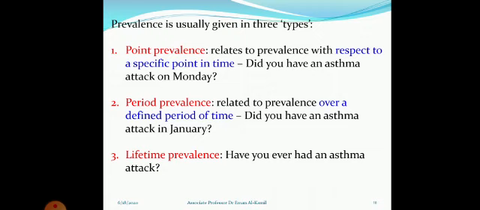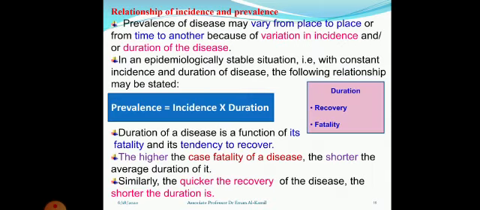The period prevalence is related to a defined period of time. Did you have an asthma attack in January, for example? And lifetime prevalence: have you ever had an asthma attack? So the prevalence reflects the new cases and existing cases.